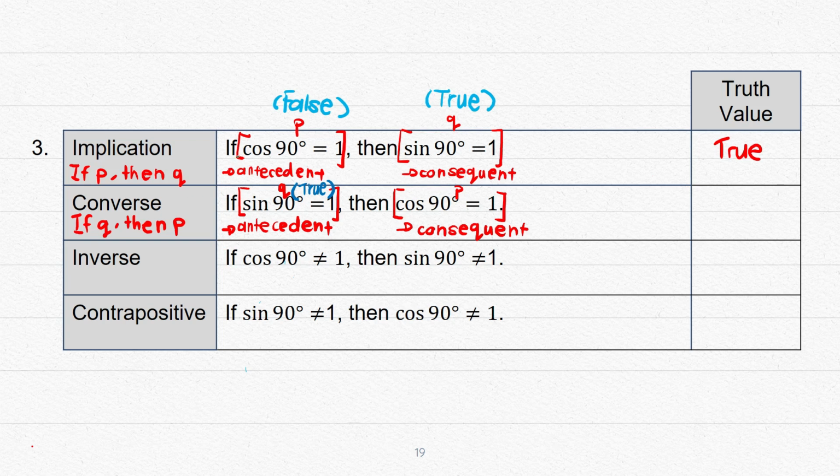If the antecedent is true, then the consequent also needs to be true for the whole implication to be true. Antecedent true, consequent true, then the implication is true. That is what rule number 1 is saying.